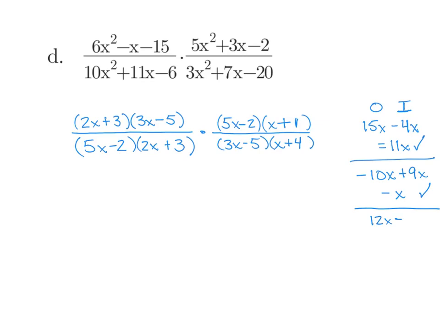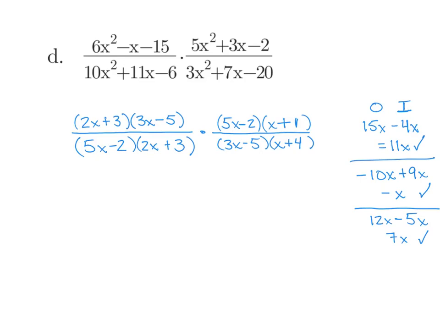Insides, we get negative 5 times x is negative 5x. And when we simplify this, we get 7x, which is what we wanted. So now everything is factored. Notice that if you start with easy factorings, you can kind of use this idea of canceling common factors to help you factor the rest of it.